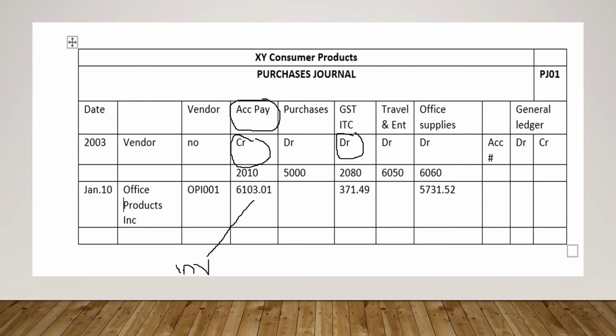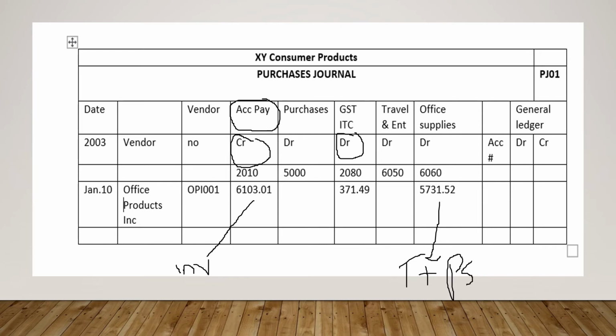Since the office supply is an asset that is not meant for resale, you will have this total amount, which is the unit price, the total price of office supply plus the PST. So you have the total of your item plus your PST, right?